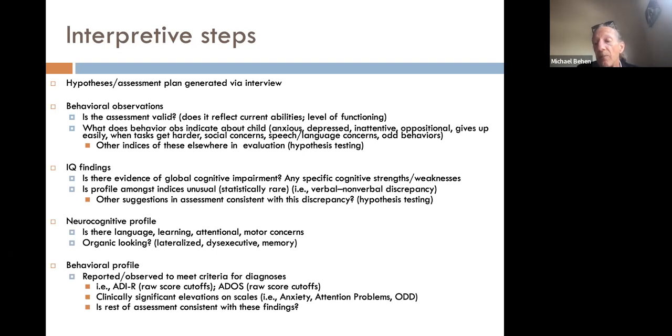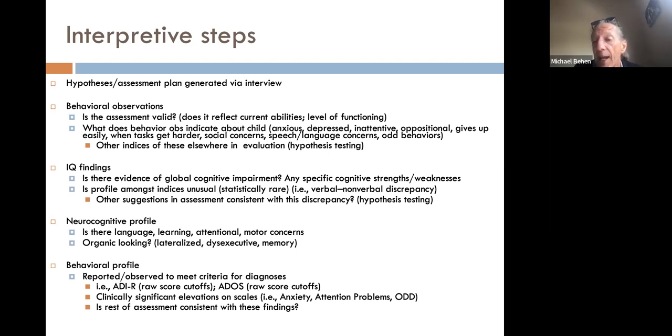To the degree that those are true, it's very important to understand, because it limits the ability of our tools to accurately describe the individual, and limits our ability to make definitive conclusions. So it's very important to understand what things were like when we were doing the assessment. Was the person able to understand the instructions? Was the person trying?